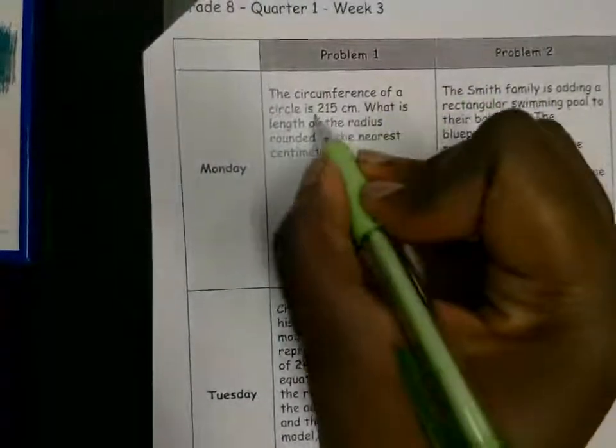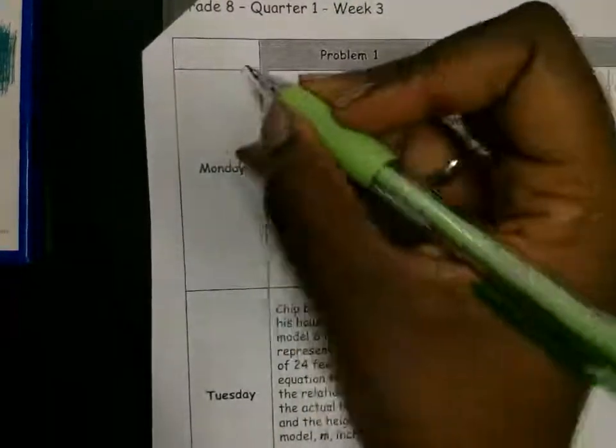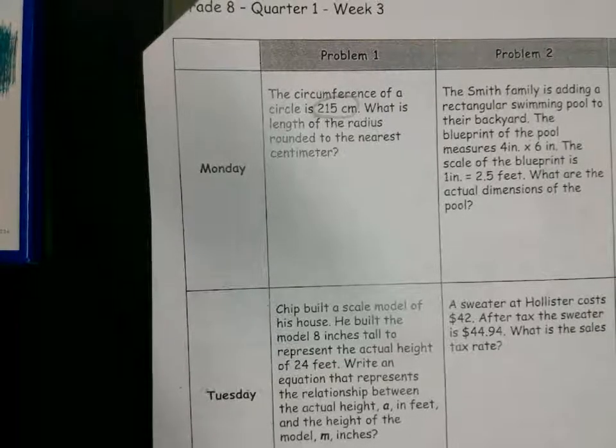All right, here we go. The circumference of a circle is this, okay? Does anybody remember what circumference means? Nobody remembers? Circumference is the distance around a circle.